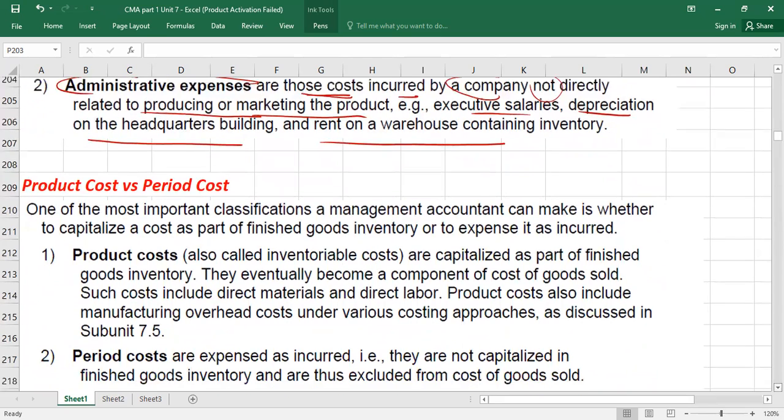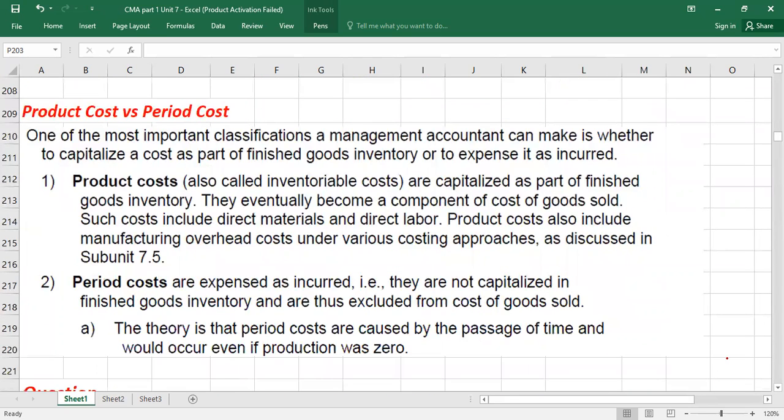Now, guys, last two words from the first topic, then I will show you questions. Just remember, especially these two words: product cost and period cost. With each costing method, I will tell you these costs will be part of product and these costs will be part of expenses. That we'll see later, but so far, what is the product cost? Product cost means the cost which will be recorded as a part of inventory.